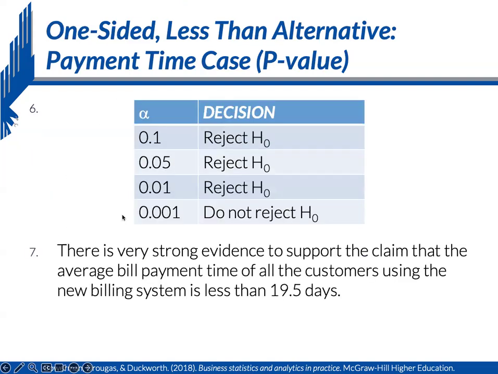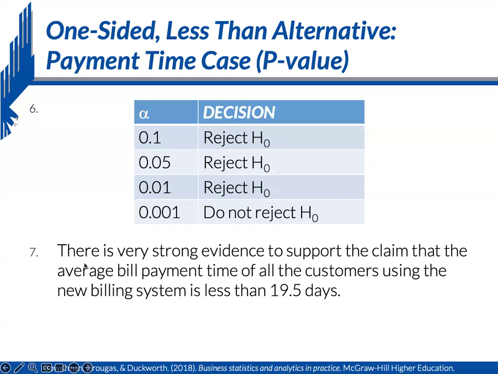0.0038, the p-value is somewhere here. Therefore, we reject the null hypothesis for alphas 10, 5, and 1% because the p-value is lower than those values of alpha. But for an alpha of 0.001, we do not reject the null hypothesis because 0.0038 is slightly bigger than 0.001.